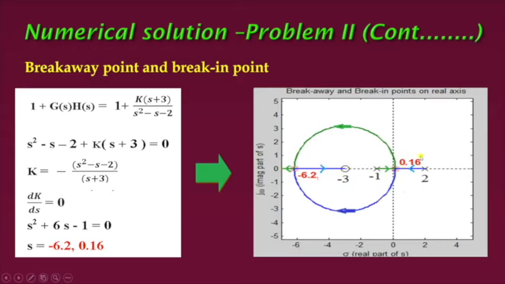Similarly, the other point, −6.2, on this side is also on the root locus branch. That means these two points are the breakaway point and the break-in point.